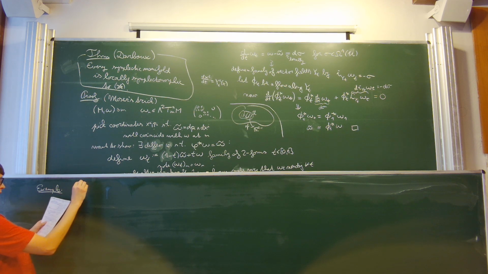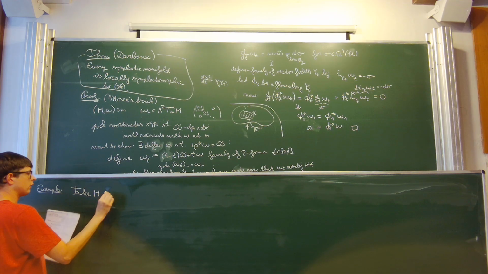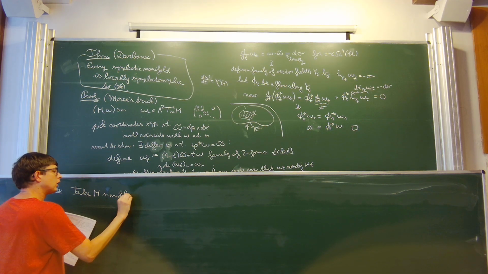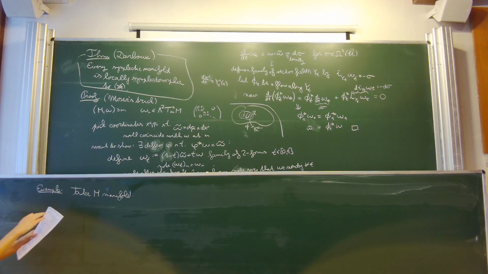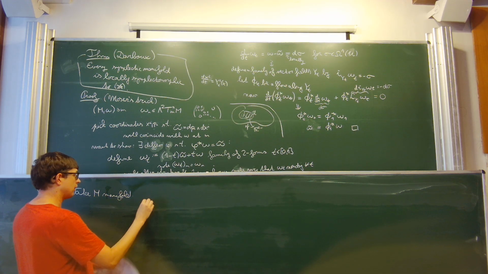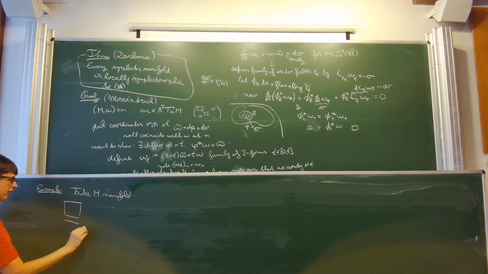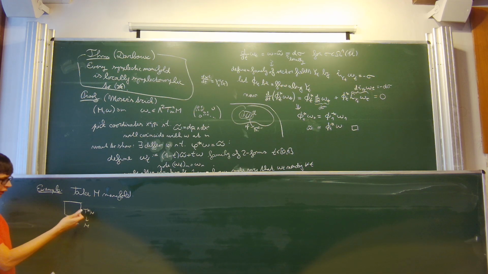Okay, so now let's take any manifold. Let's build some more topologically interesting examples. So now we can take its cotangent bundle, T*M, and we have a cotangent bundle. It's a vector bundle.